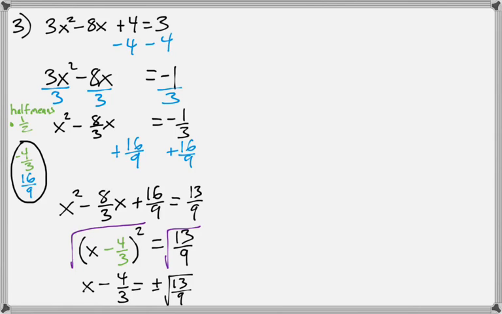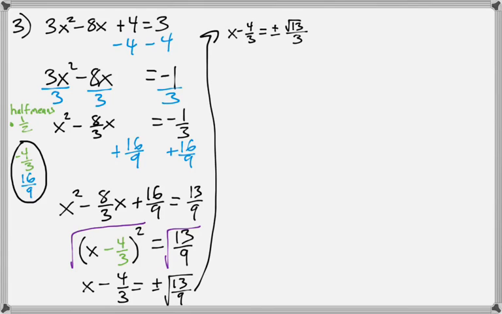Now the square root gets applied to both the numerator and denominator. So if you take the square root of 9, you get 3. So this will be square root of 13/3 without a radical.